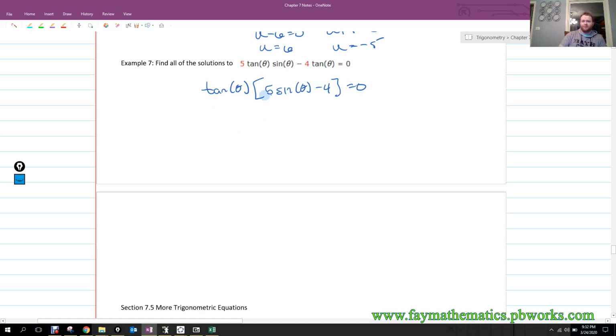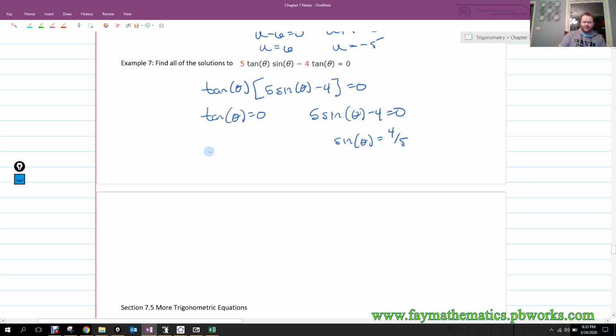At this stage you've got a product of two things equaling 0, so tangent of theta is equal to 0, and 5 sine of theta minus 4 is equal to 0. So sine of theta is equal to 4/5.